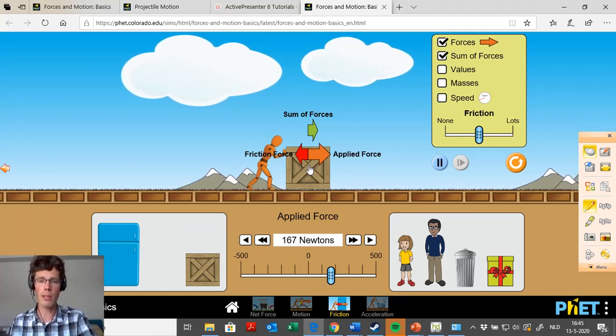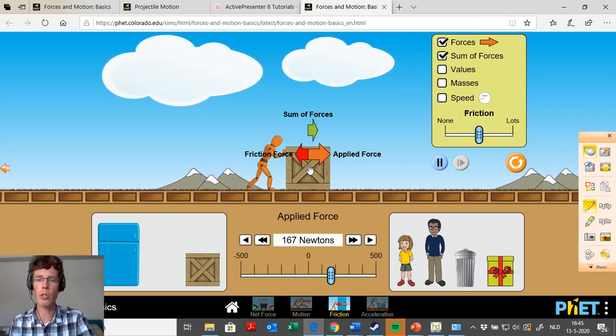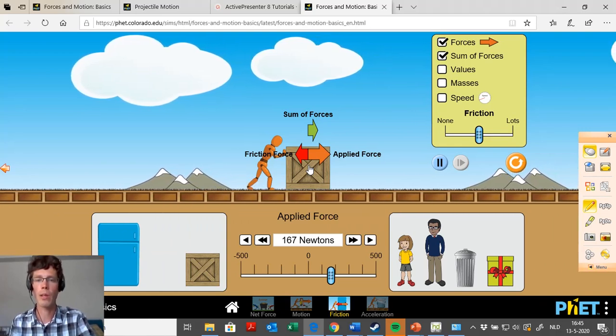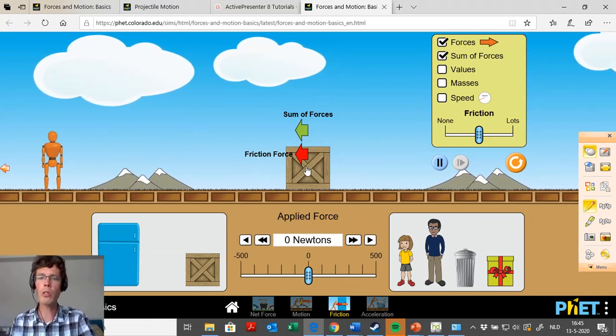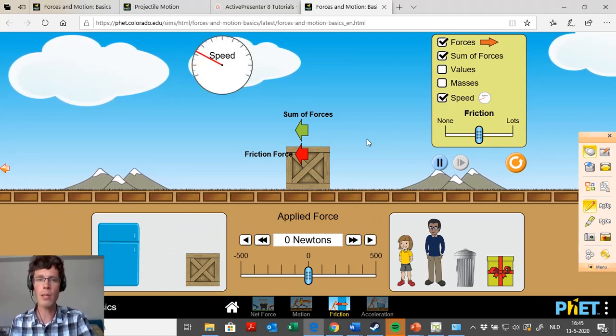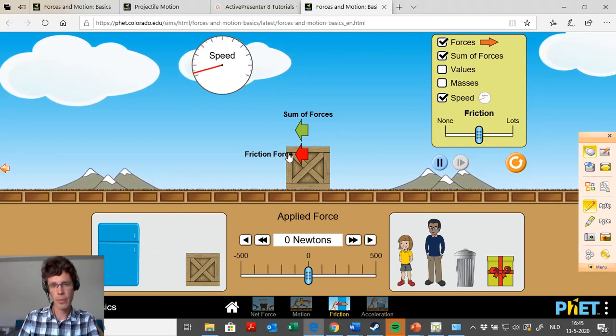Now that is the case. The orange guy is pushing harder than the force of friction, so the speed of the box is increasing. When I stop pushing, the force of friction keeps on working on the crate. So we can see that the speed is now gradually decreasing.